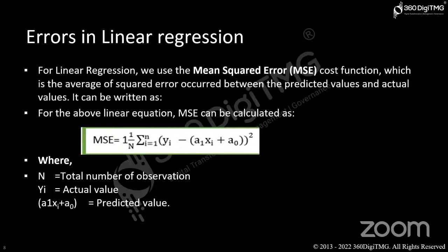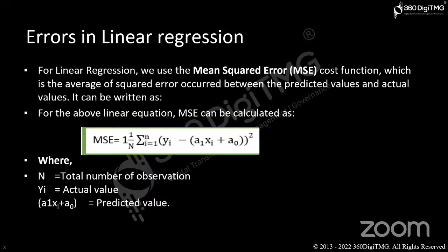It can be written with the below formula: MSE stands for mean squared error, equal to 1 by n summation i equal to 1 to n of (yi minus (a1xi plus a0)) whole square. Here n is the total number of observations, yi is the actual value, and a1xi plus a0 is the predicted value.